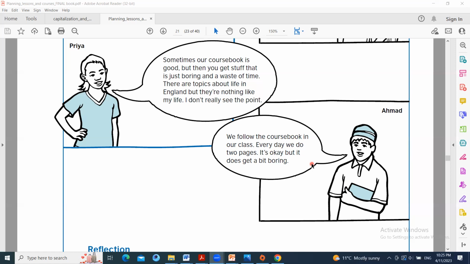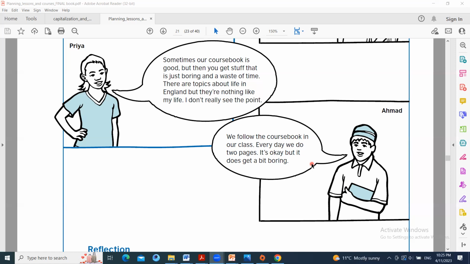and adapt the activities or texts to make them more interesting or culturally appropriate, and reject. That means do not use things that are boring or the learners do not need.